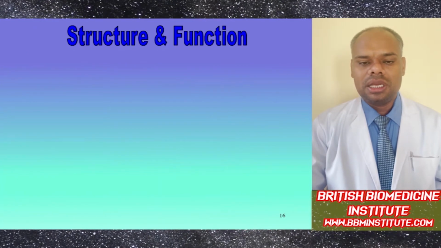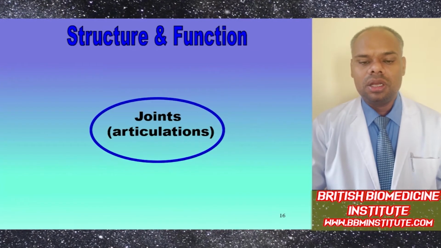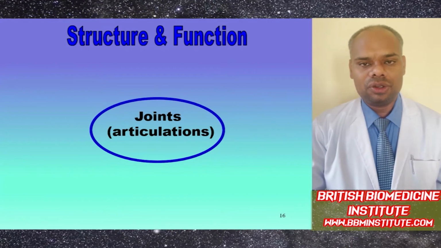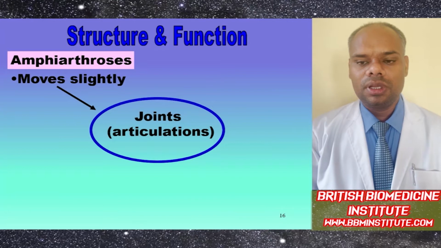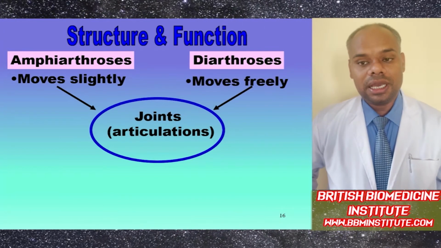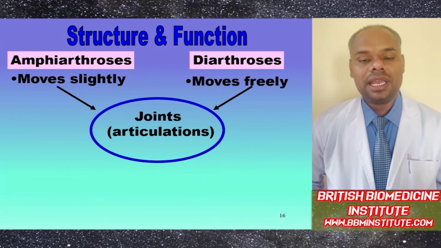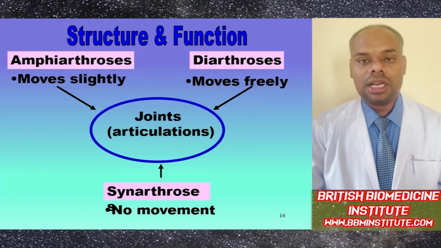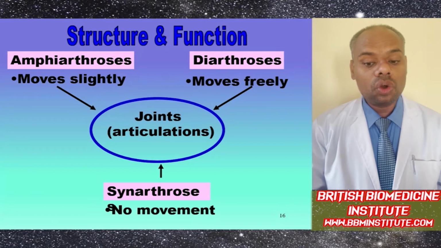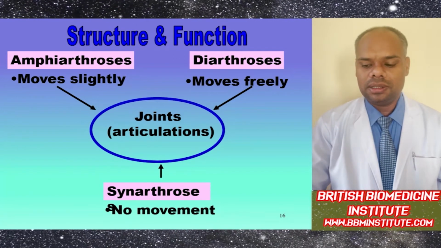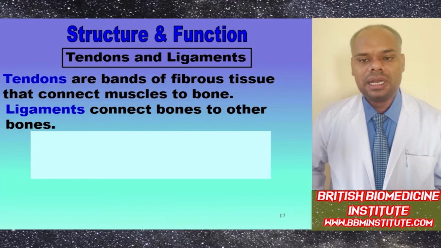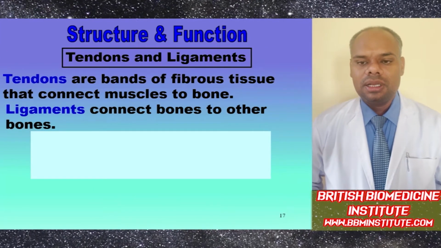Joint articulation helps in movement. In amphiarthrosis, joints move slightly, and in diarthrosis, joints can move freely. In synarthrosis, there will be no movement, or rigid bones are present. Now comes the tendons and ligaments.